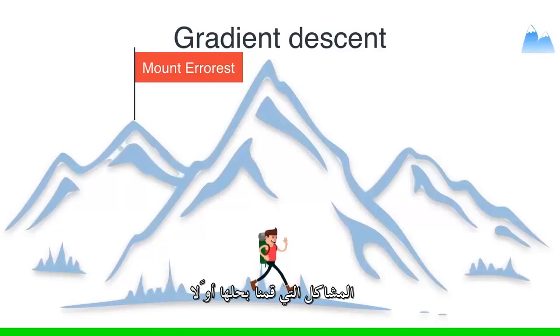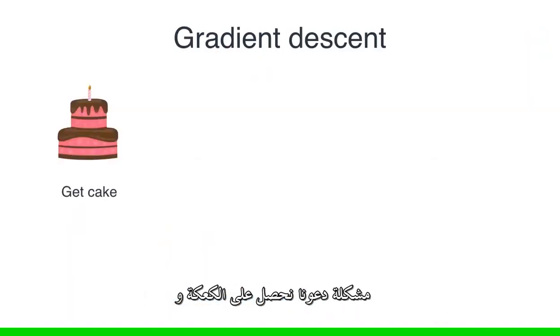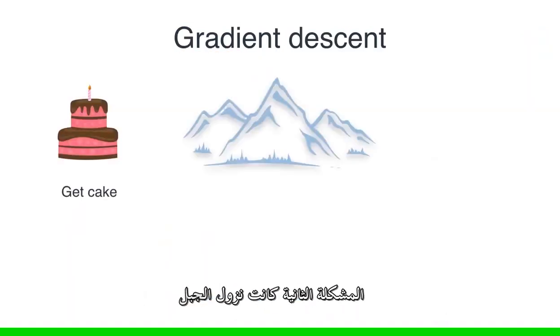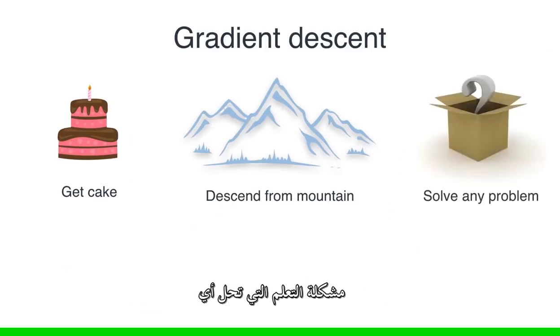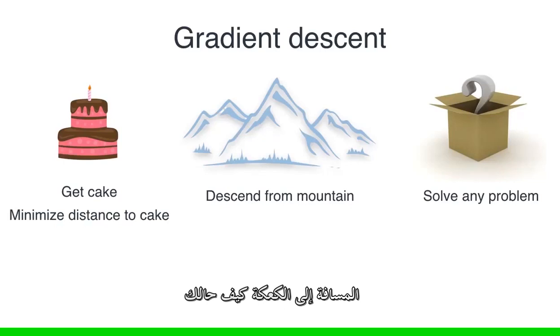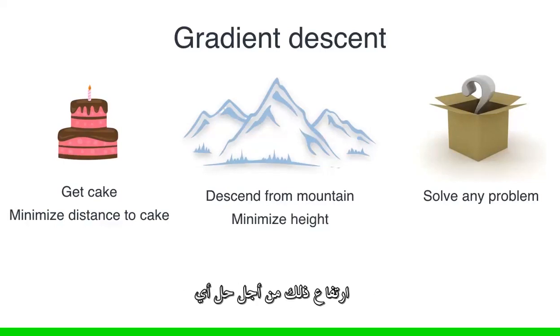So let's look at the problems that we just solved. First problem was get the cake, and the second problem was descend from a mountain. And then let's just think of any machine learning problem, which is solve any problem. How did we solve the cake problem? We minimize the distance to the cake. How do we solve the mountain problem? We minimize the height.